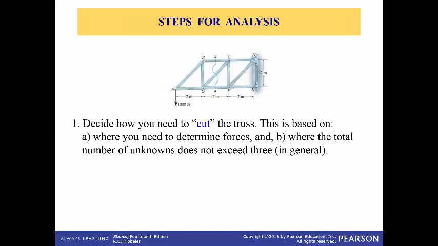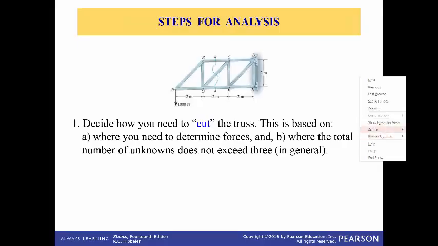So the steps for analysis: first of all, you need to cut the truss, and you need to make a decision based on what forces you need to determine, and where the total number of unknowns does not exceed 3 in general. Remember that you can have more than 3, but then it is a statically indeterminate structure.